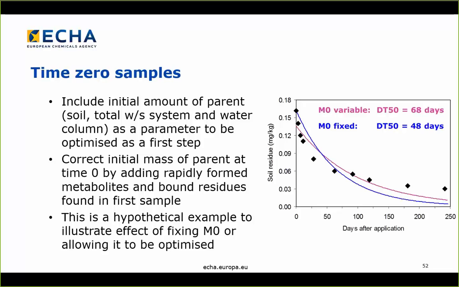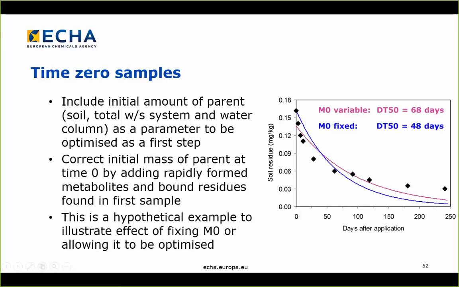So when you're conducting your kinetic evaluation, we use initial concentration as one of the parameter variables, and we would always run this freely. However, if you're having difficulty getting a fit, or your model is producing initial values that seem inappropriate compared to your measured value, you may wish to fix the initial concentration or constrain the initial concentration.